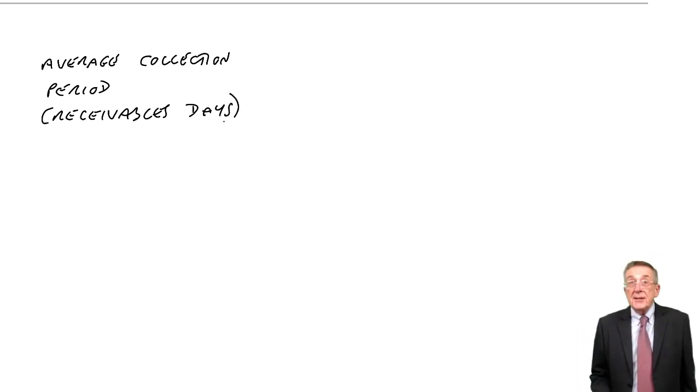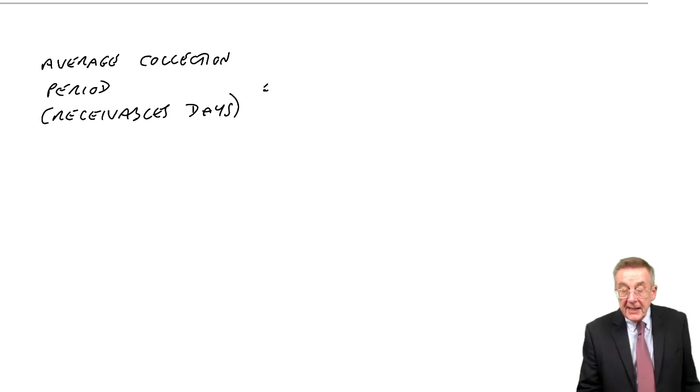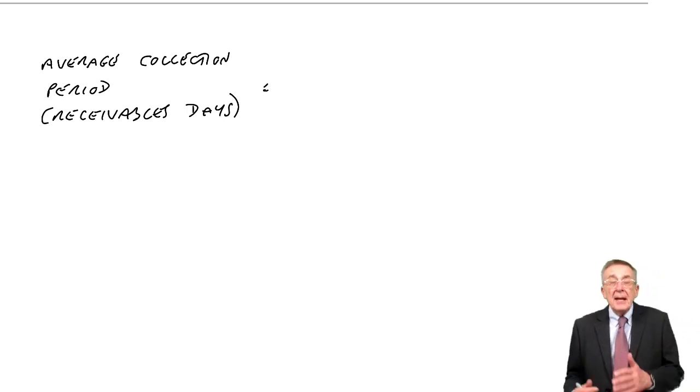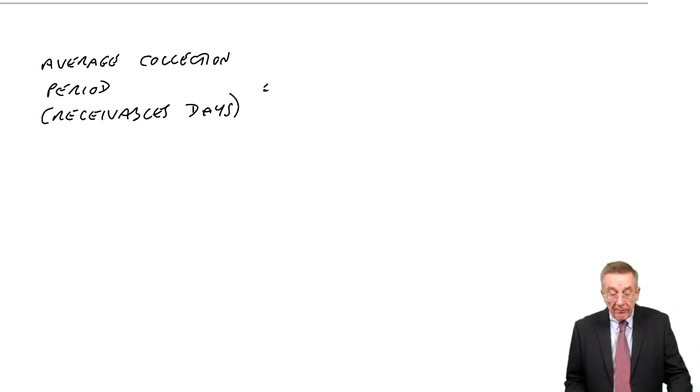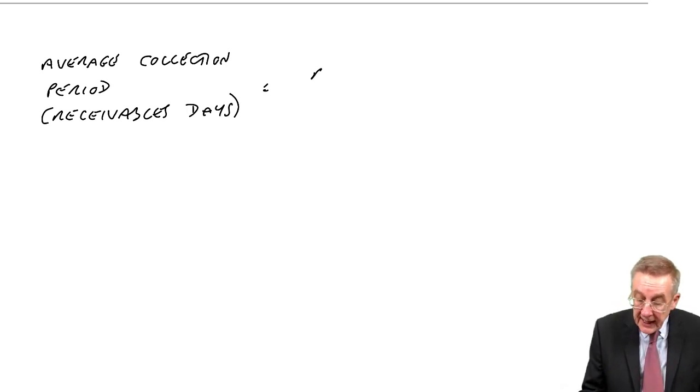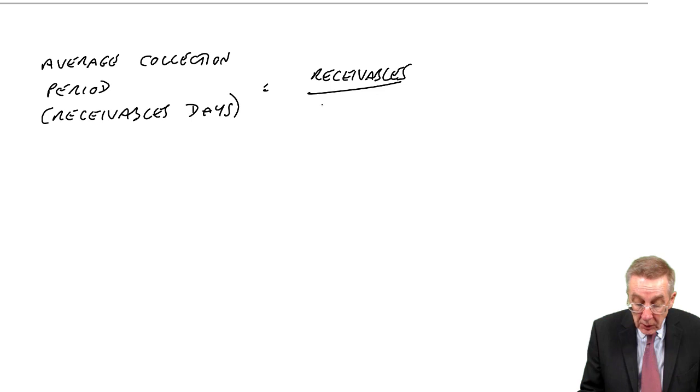And what this is an estimate of how many days it's taking us to collect money from our customers. And as you can see, we take our receivables, the old word used to be debtors, divided by the total sales or the revenue.